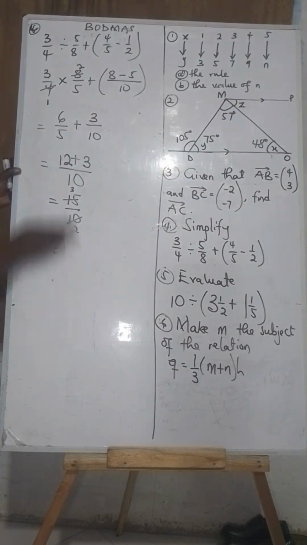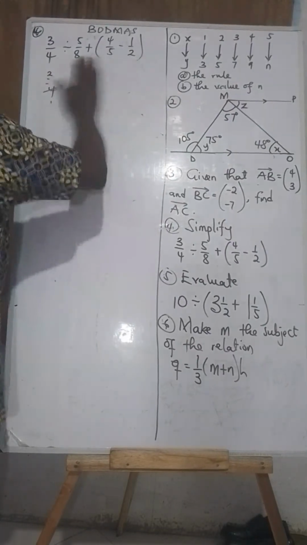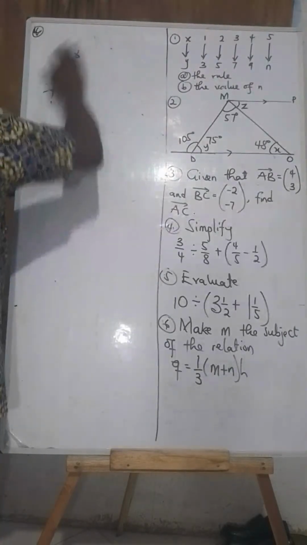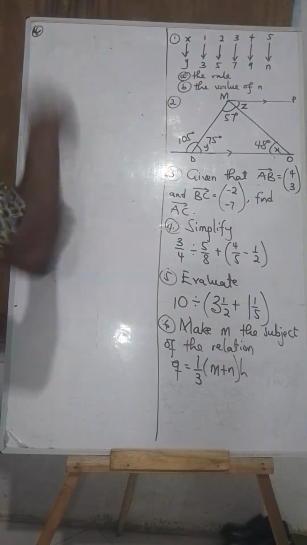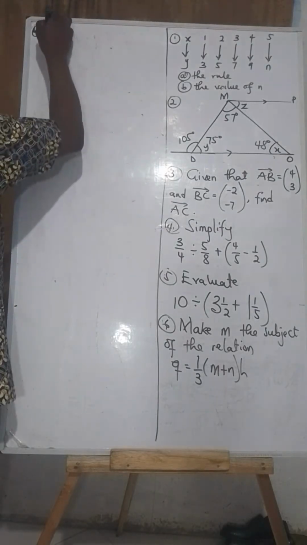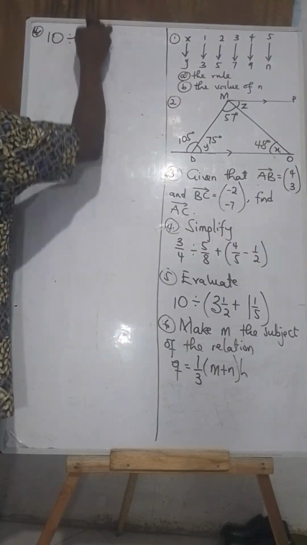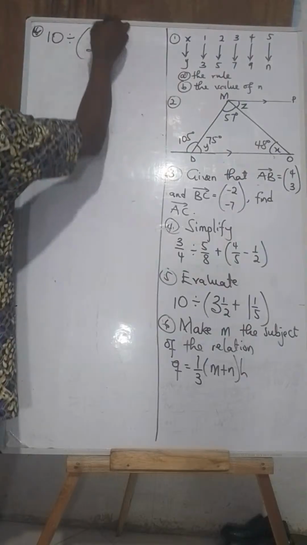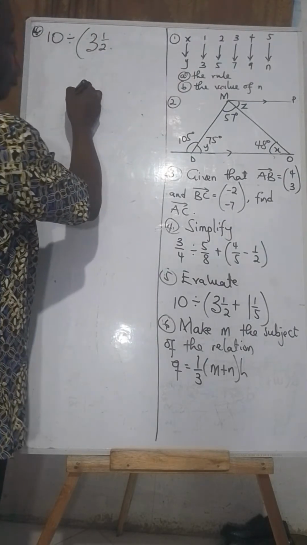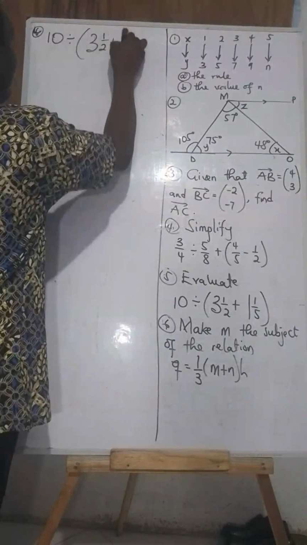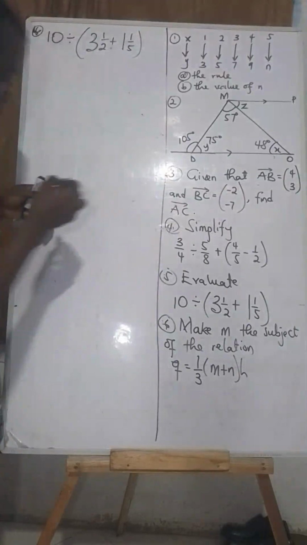So here we have 10 divided by bracket open 3 whole number 1 on 2, plus 1 whole number 1 on 5.